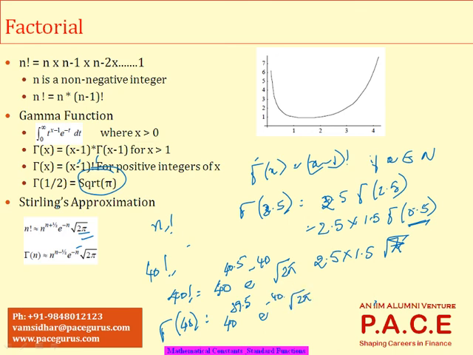Because all we know is gamma of x is x minus 1 factorial only. So divide both sides by x factorial, which is nothing but 1 by x. Gamma of x by x factorial is equal to 1 by x. So even here it should come out as 1 by 40. That's the reason this approximation also will work for us in some of the cases.